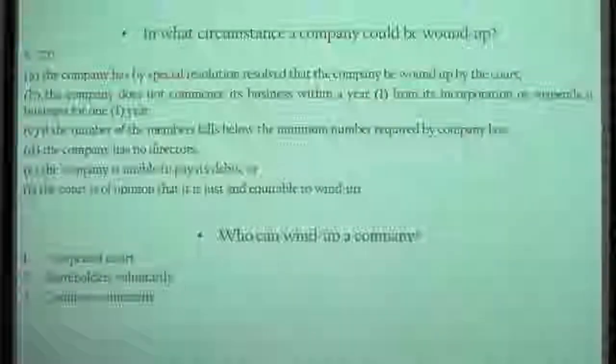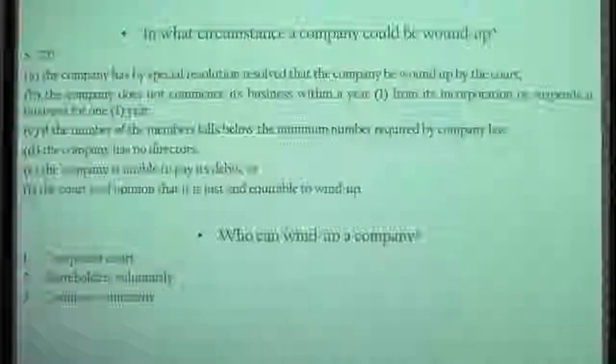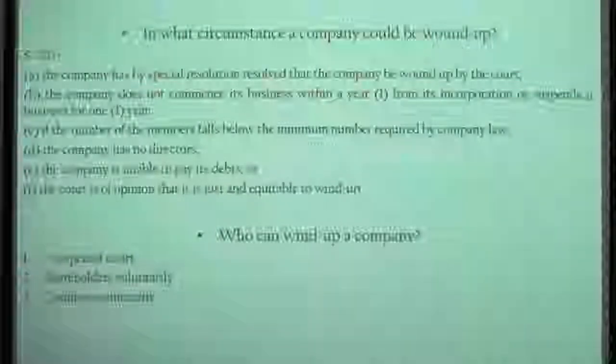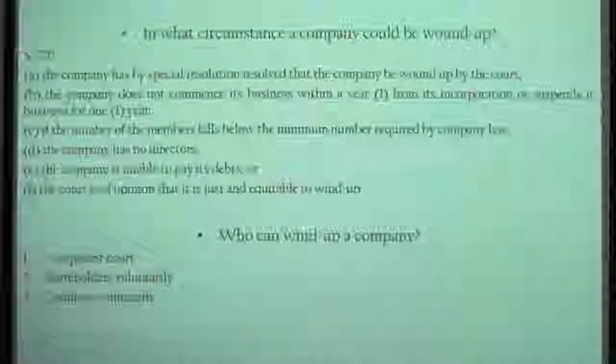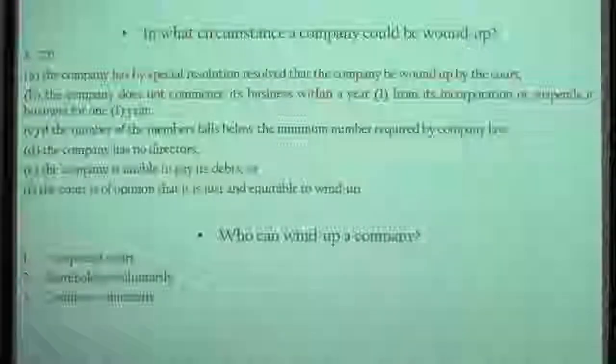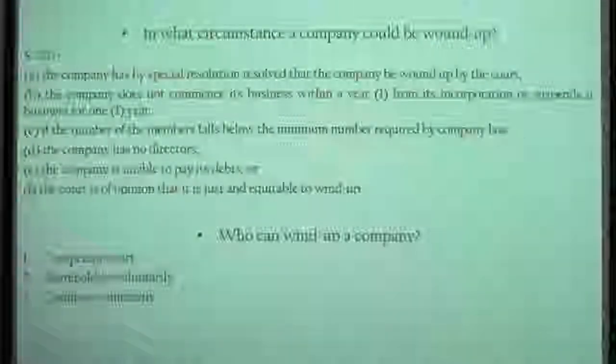I mean, really to say that winding up will conclude the company's affairs and put an end to the existence of a company. Now, this is an area which is very important, because as you open a company, you need to know how you can close a company. So winding up is all about that.